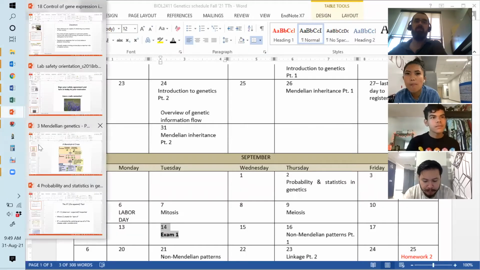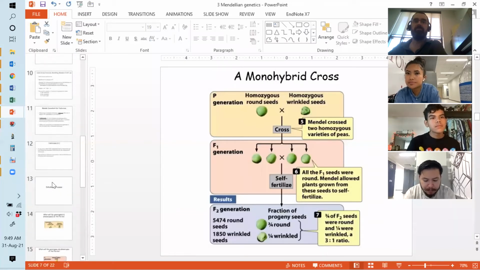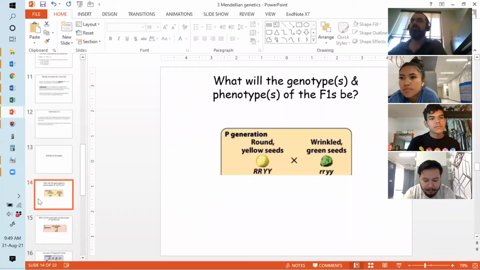All right, so what we're going to do now is the dihybrid cross, right? So let's just get this up. The deal here is that this is exactly the same as a monohybrid cross, but now we're dealing with two traits. So monohybrid is one trait, dihybrid is two traits, whatever those might be.